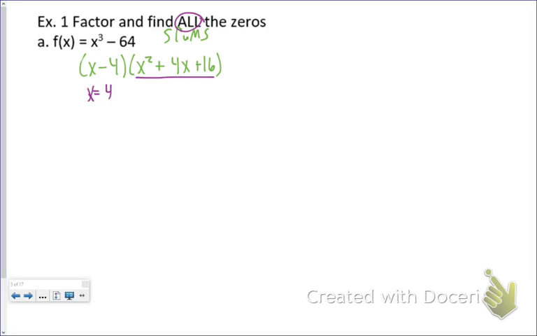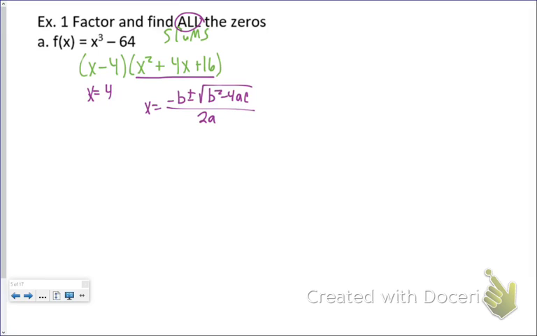There are two things you can use. You can use completing the square, or you can use the quadratic formula. I'm going to use the quadratic formula because I think more of you tend to remember that. You may have remembered it in the form of Pop Goes the Weasel. So it's x equals negative b plus or minus the square root of b squared minus 4ac all over 2a.